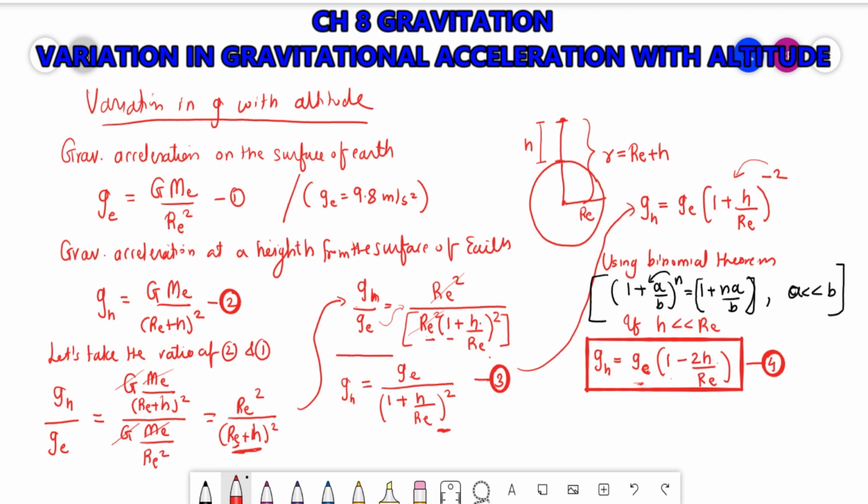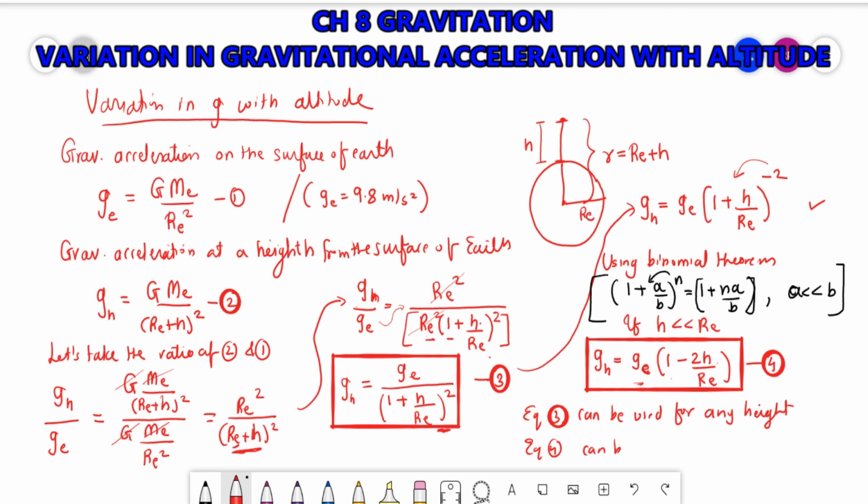So there are two equations. Equation 3 can be used for any height, but equation 4 can be used only if the height is much lesser than the radius of the Earth.